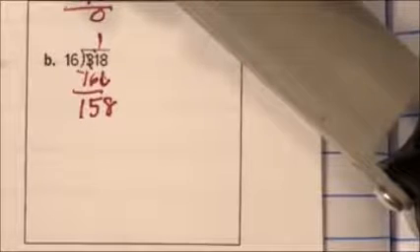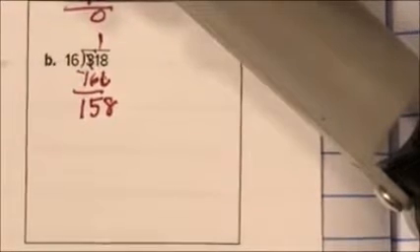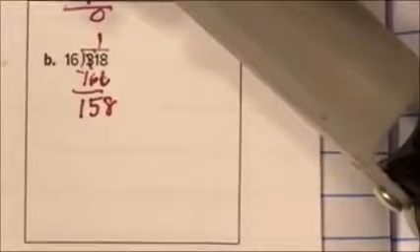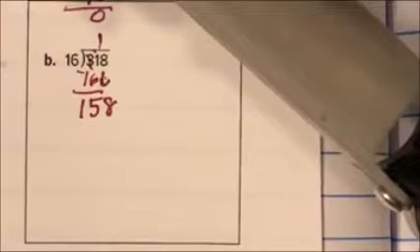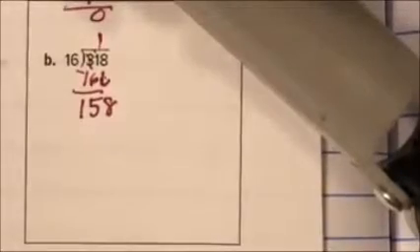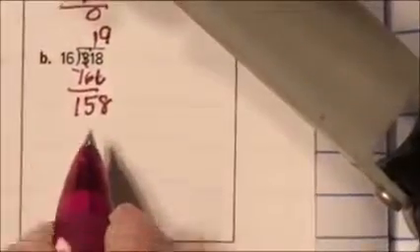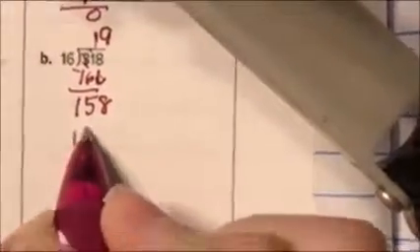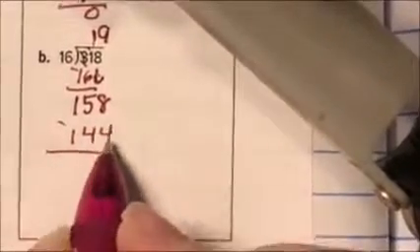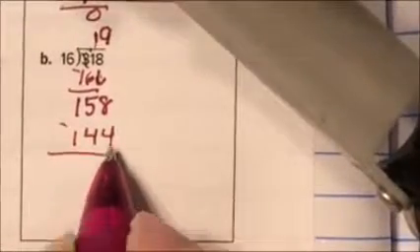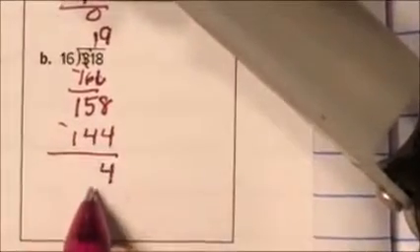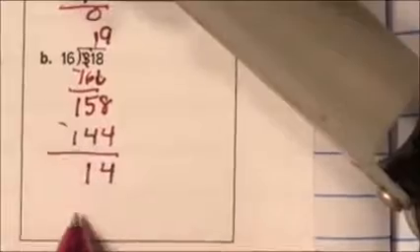Next I want to know, how many times can 16 go into 158? 16 can go into 158 9 times. 9 times 16 gives me 144, so I subtract. 8 minus 4 gives me 4, and 5 minus 4 gives me 1. 1 minus 1 is 0.